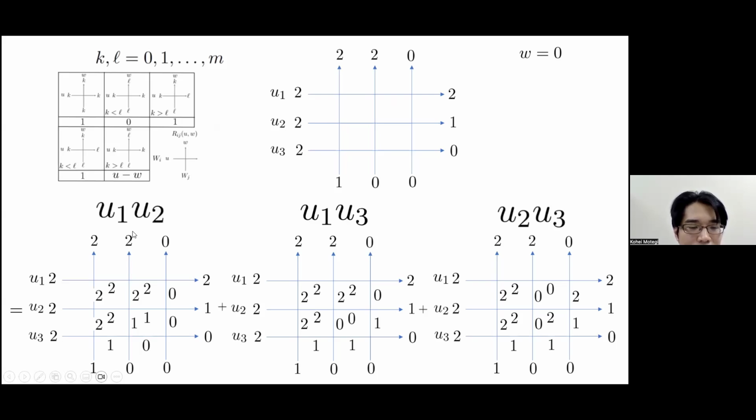Then reading out the Boltzmann weights, or I mean the matrix elements of the R matrix of each part, and multiplying, you can see the first term gives U1 U2, the second term gives U1 U3, and the third one gives U2 U3. This is actually a Schur polynomial with three variables, and the corresponding Young diagram is 1, 1, 0.